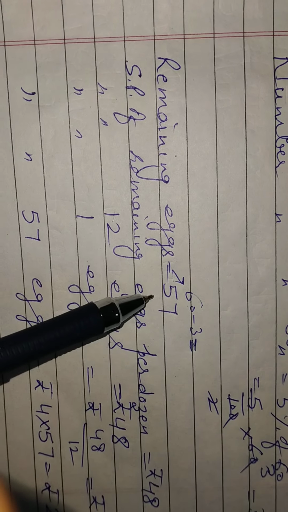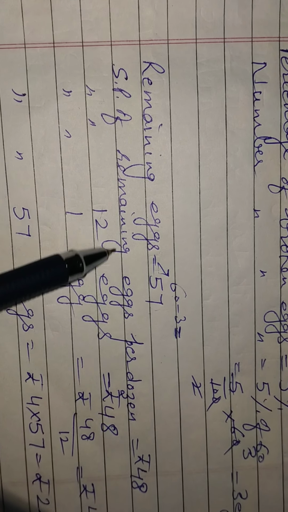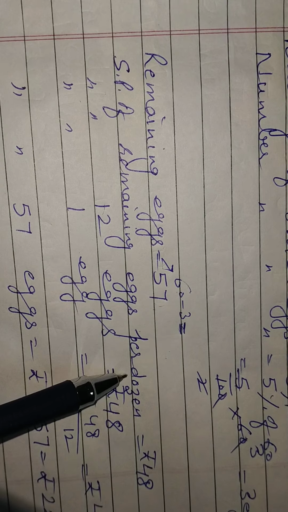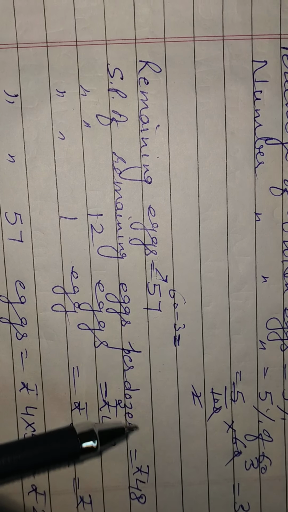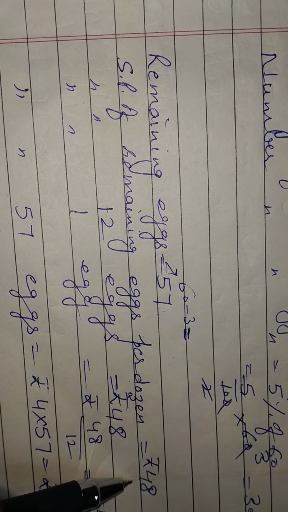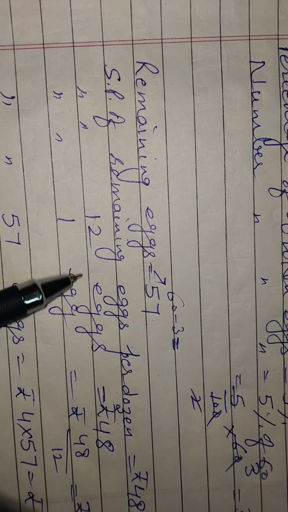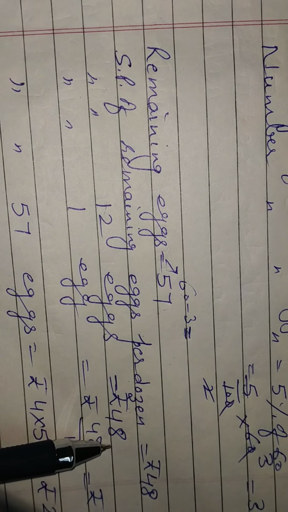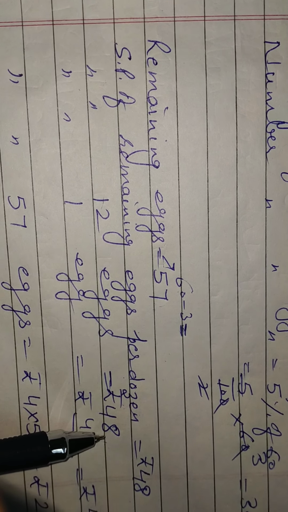Remaining eggs are there. He sold the remaining eggs at the rate of rupees 48 per dozen, means 12 eggs he sold for rupees 48.